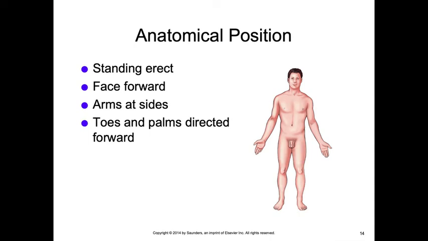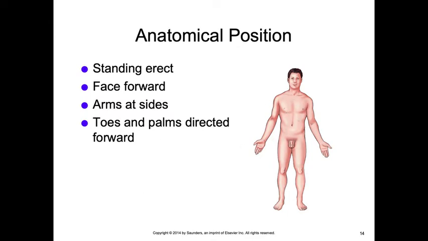So as you can see, anatomical position is critical for a frame of reference when we refer to where structures are located in the body. And that position is shown here: standing erect, facing forward, arms at your side, toes and palms forward. And all of the different relative positions in the body, as we saw in the video, are based on references from this position.